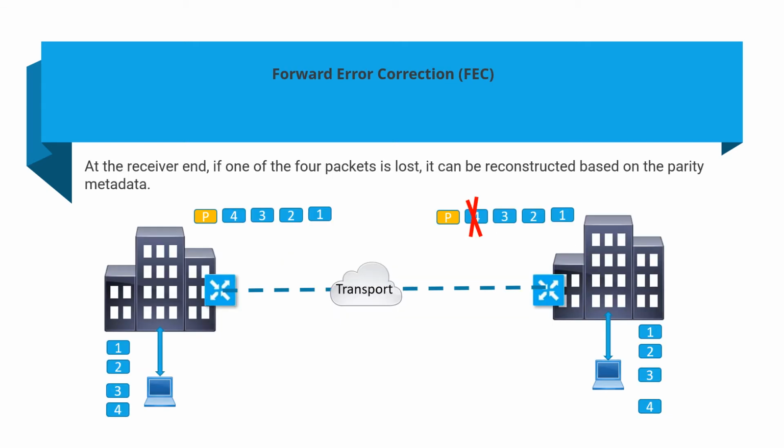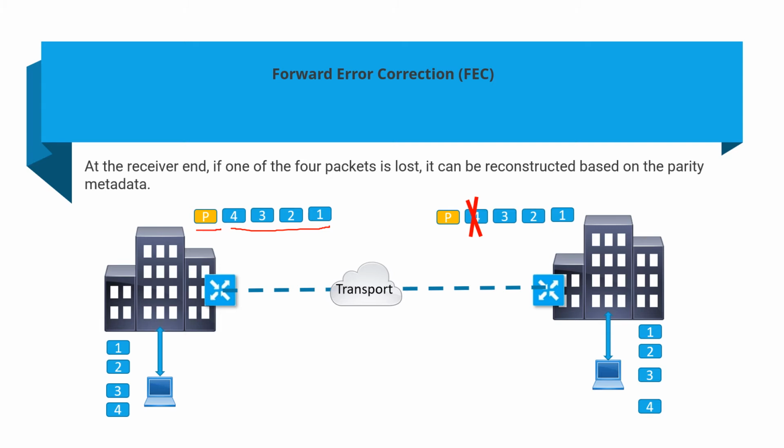So let's see how it works on the SD-WAN side. I'm sending a flow which is 4 packets: 1, 2, 3 and 4. I'm going to add an extra bit which is going to be the parity bit. So parity bit is nothing, it is just going to have the check bit which might be even and odd parity.